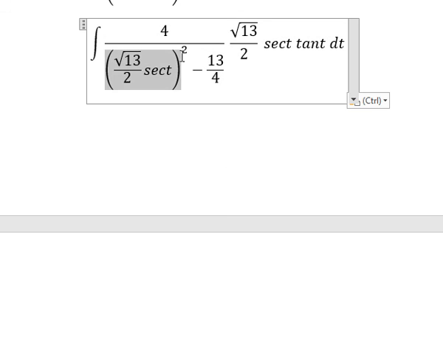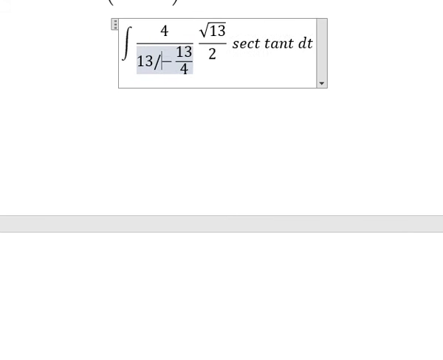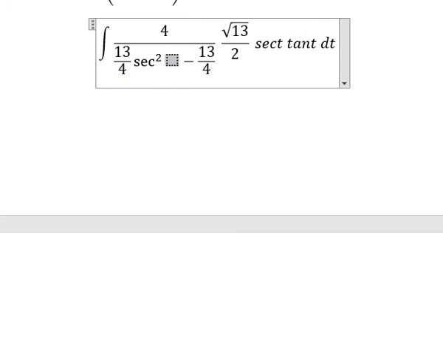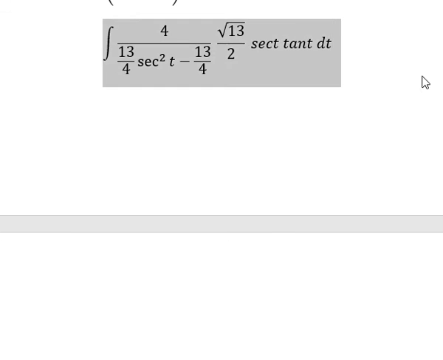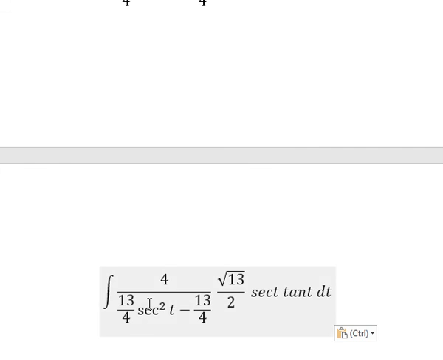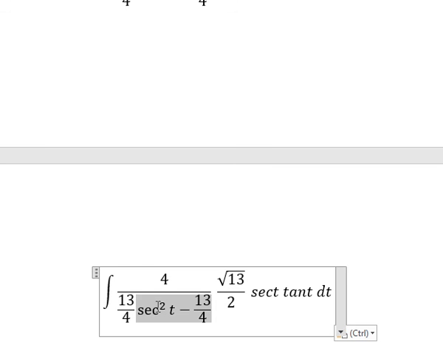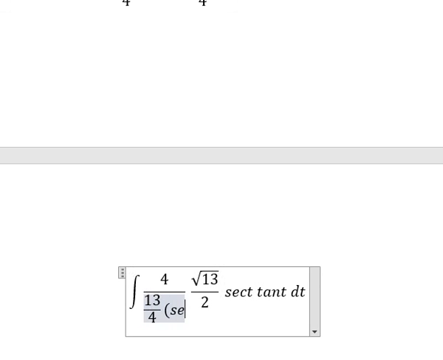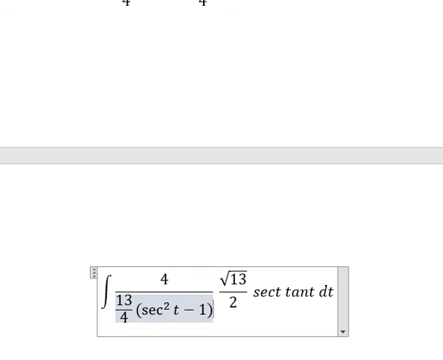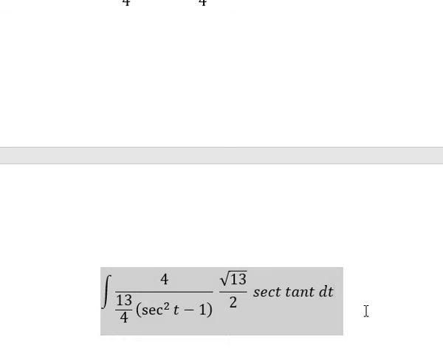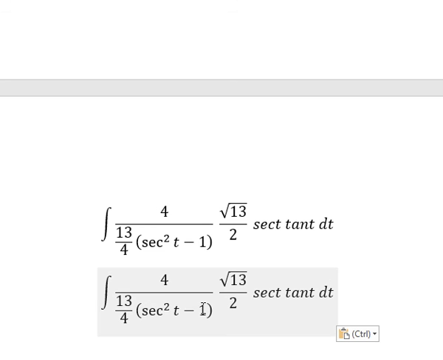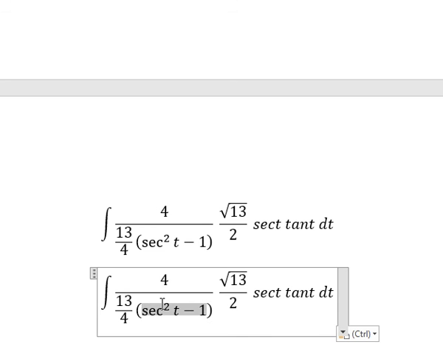So this one we have 13 over number 4 secant of t square. So we can do factorization by 13 over number 4. So this one, that is about tan t squared.